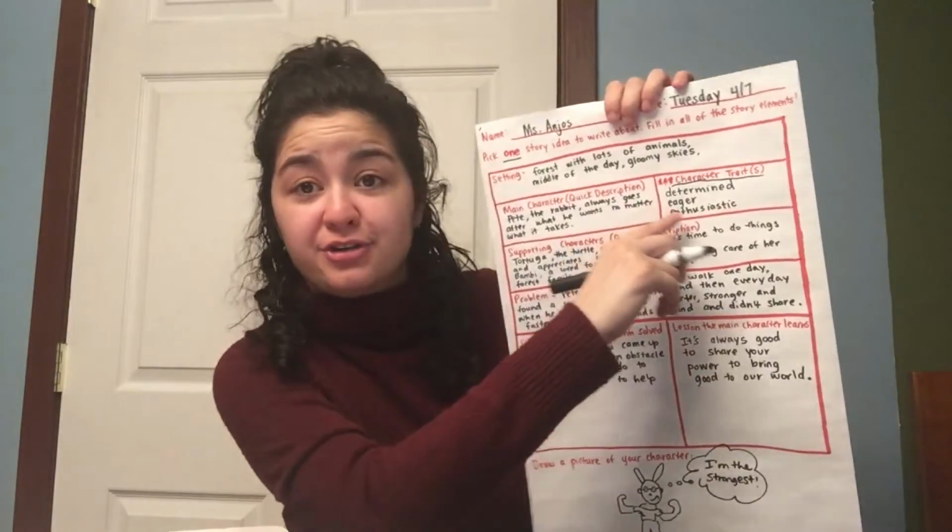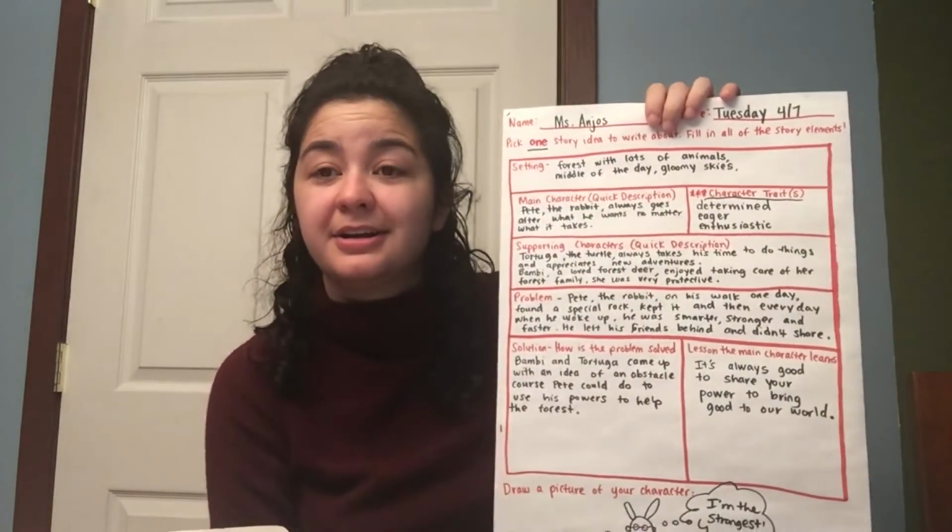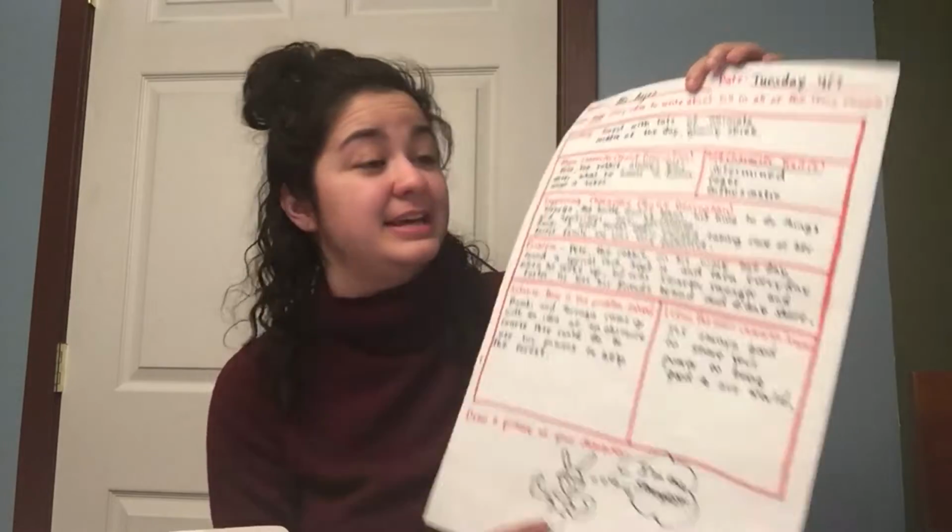Once upon a time, there was, and you can use whatever you wrote for your traits to describe your character to put it in that first sentence. So I said eager and determined, right? So I'm going to say, once upon a time, there was an eager rabbit.